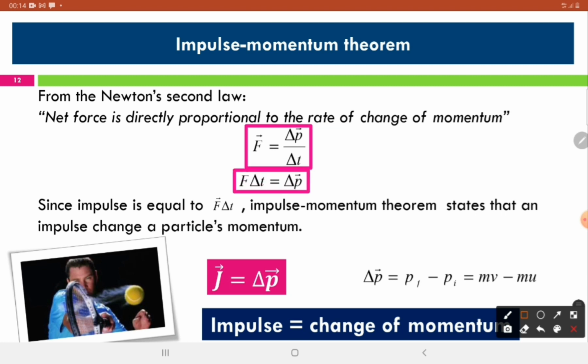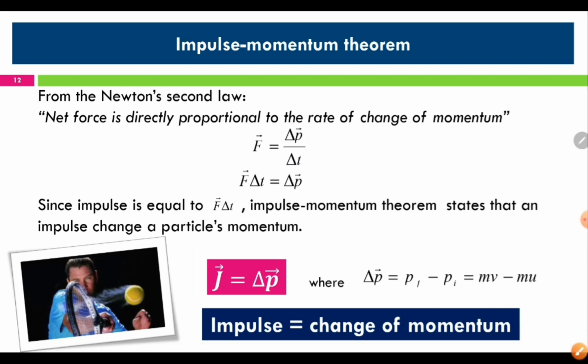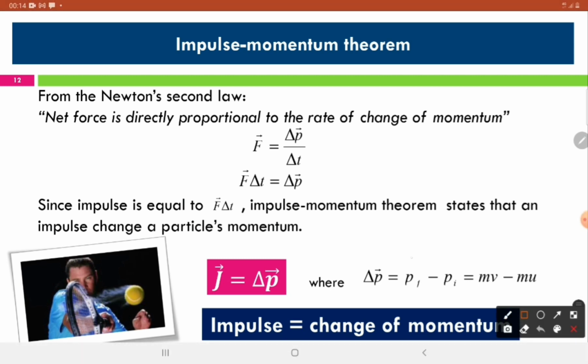So F delta t = delta P. Since impulse is equal to F delta t, the impulse momentum theorem states that an impulse changes a particle's momentum. So we can use the formula for the impulse momentum theorem as J = delta P, where delta P stands for P final minus P initial, or mv minus mu.